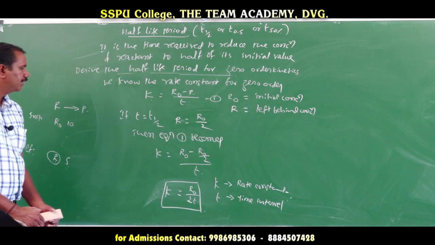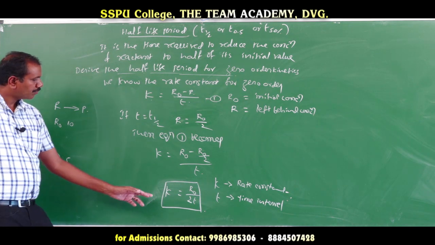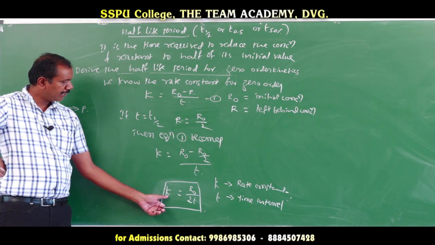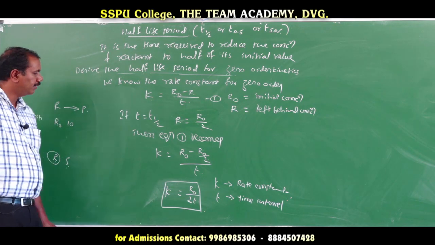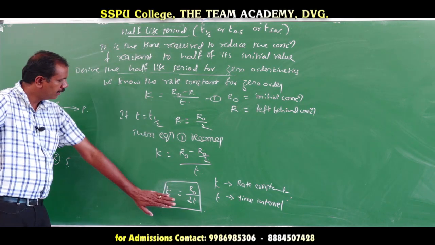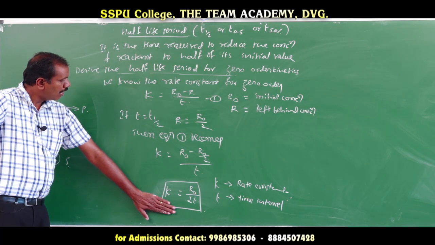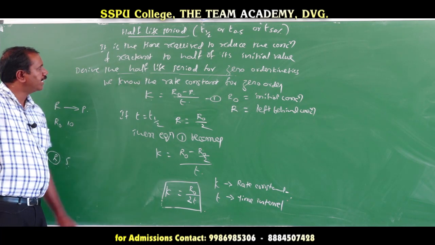So, what is the value of K? K is nothing but R naught by 2t. Yes, this is the half-life period for zero order kinetics.